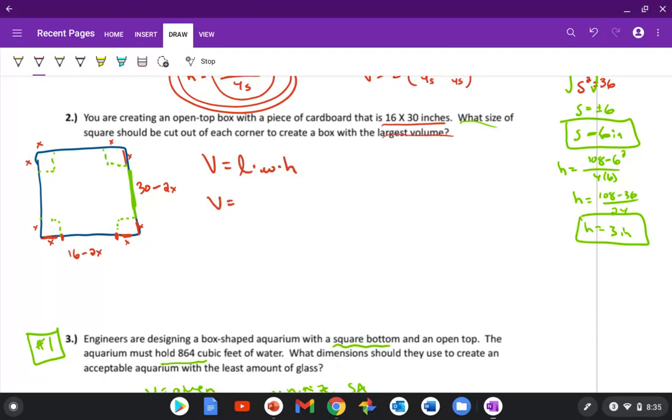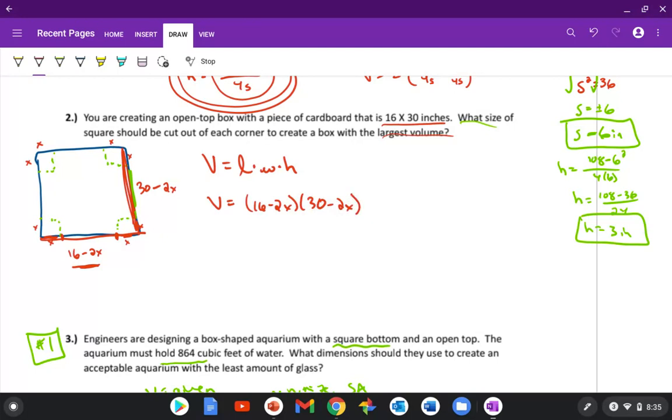So if we look at the length of this, we could say here, 16 minus 2x, right? Our width would be this way, right? Those are our two dimensions there, which is 30 minus 2x.